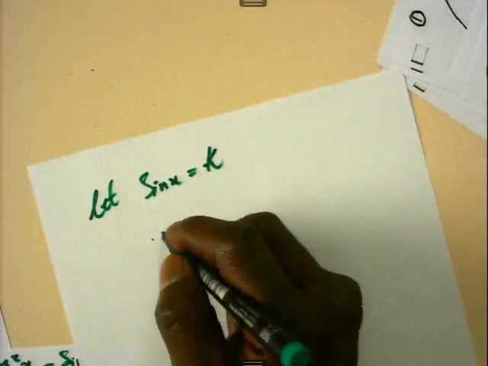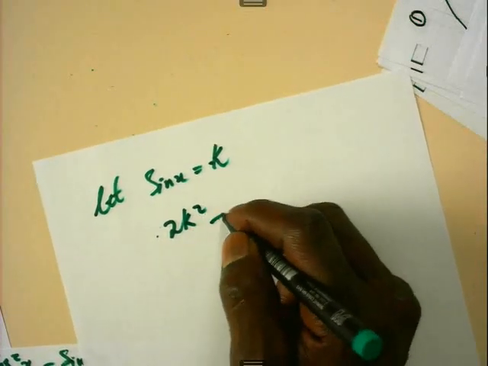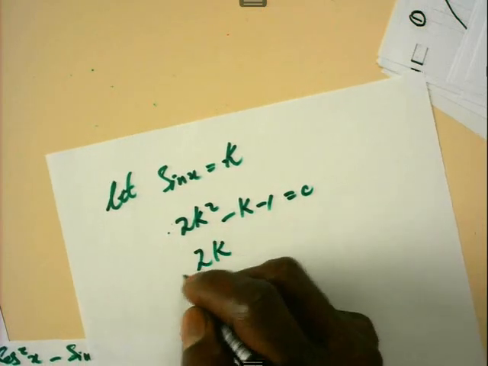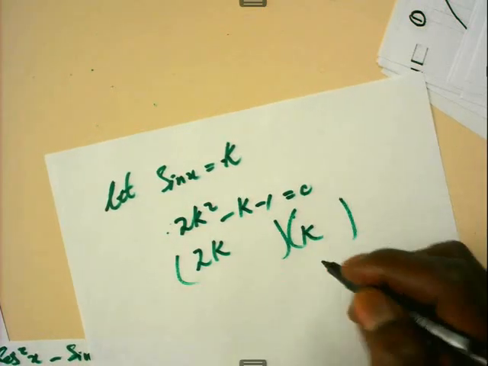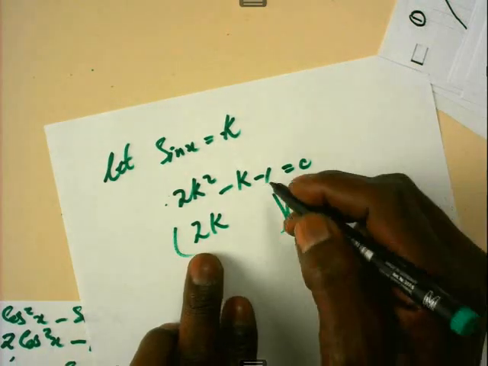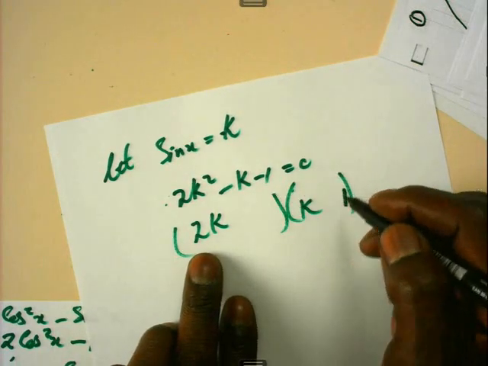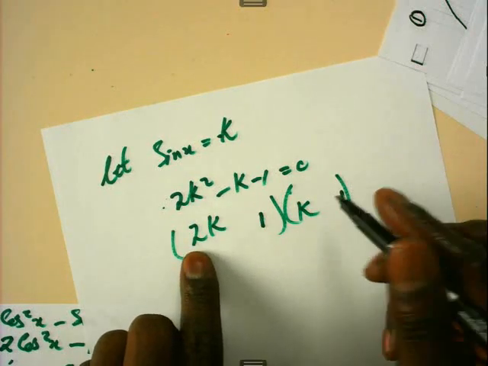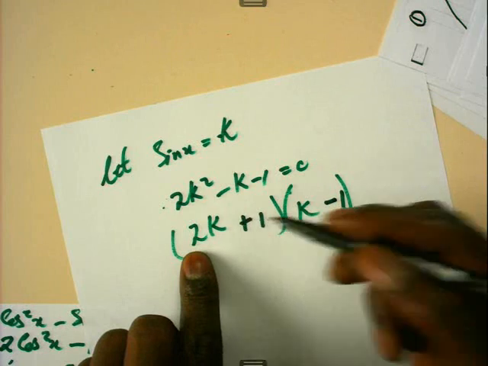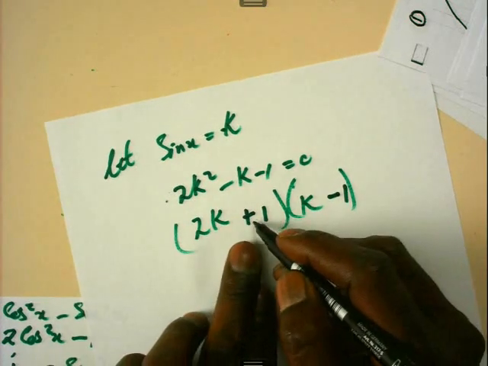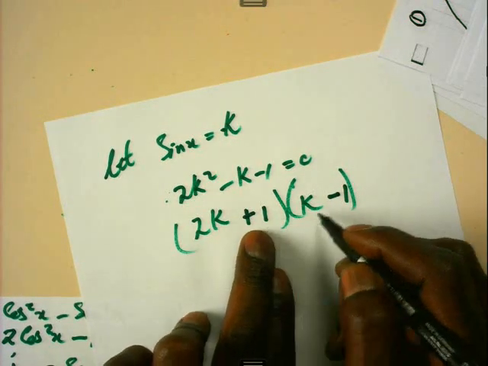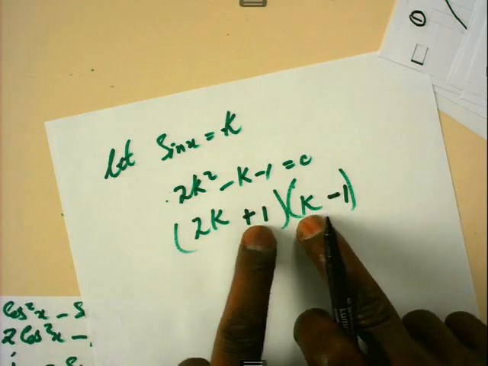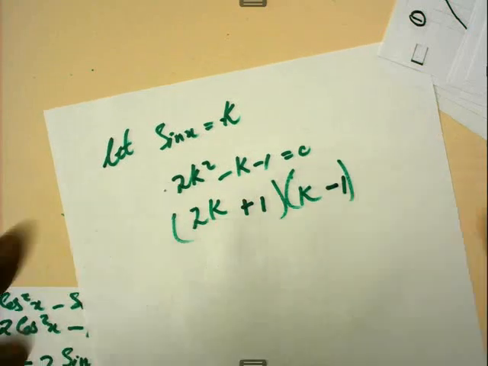Therefore, we'll be having 2k squared minus k minus 1 equal to 0. We try to factorize that. I'm sure you are comfortable with the factors. Factors of 1 are 1 and 1. The middle term is minus, so the big number should take the negative sign and the small number should take the positive sign. It's small because 1 times k is k, 2k times 1 is 2k.